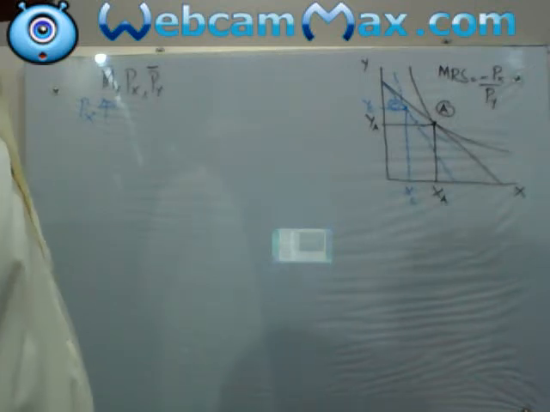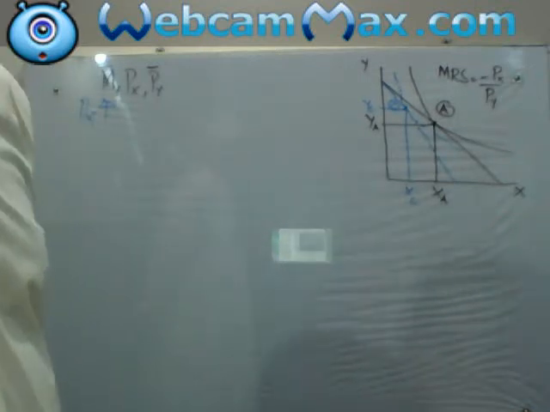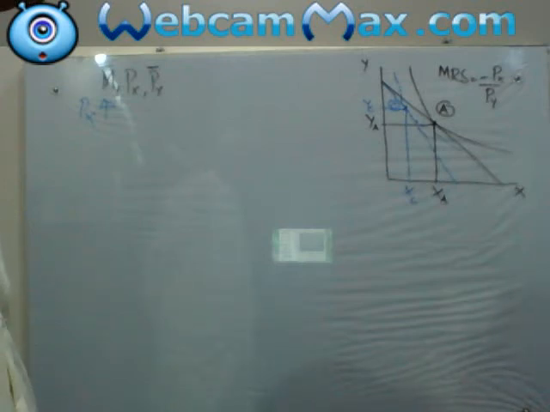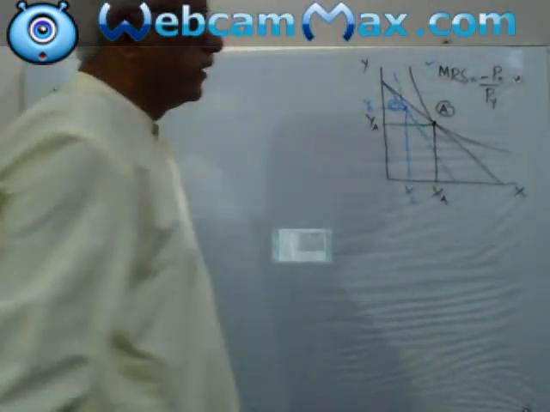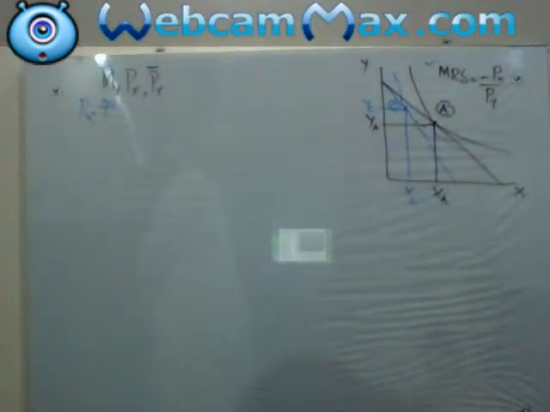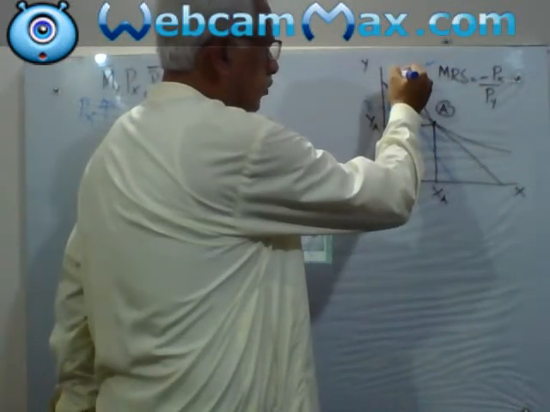So what happens with the increase in price of x? When x becomes relatively expensive as compared to y, we have a new optimum point which satisfies the optimum condition, that is MRS is equal to price of x over Py, and the consumer attains a new satisfaction level.